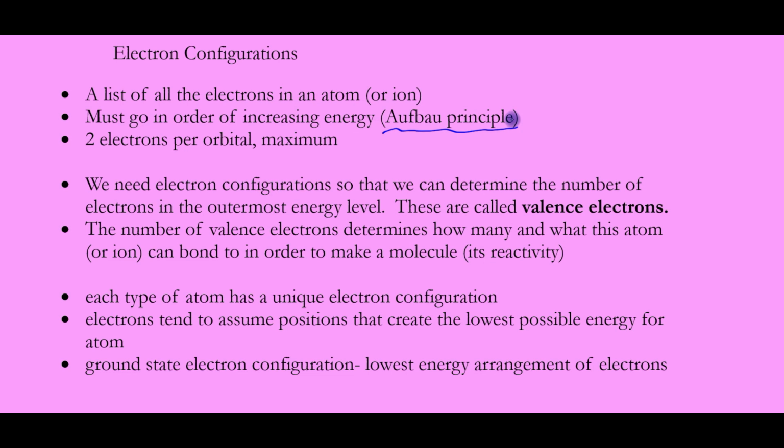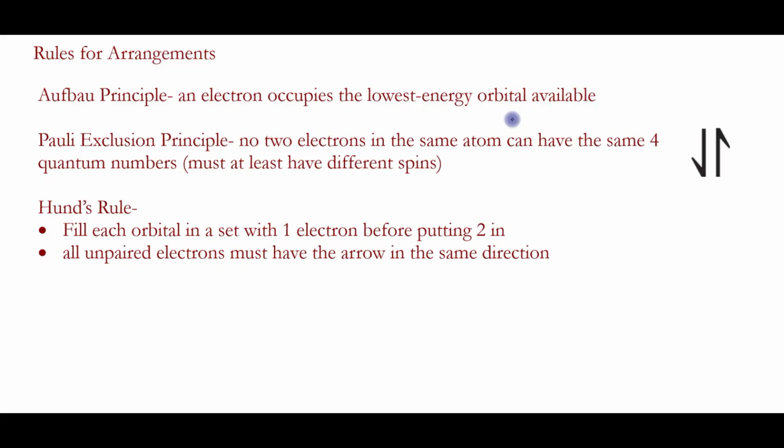Electrons tend to assume positions that create the lowest possible energy, and the ground state configuration is the lowest energy arrangement of those electrons. So I said the Aufbau principle, and that is that the electron is going to occupy the lowest energy orbital available. The Pauli exclusion principle is that no 2 electrons in the same atom can have the same 4 quantum numbers.